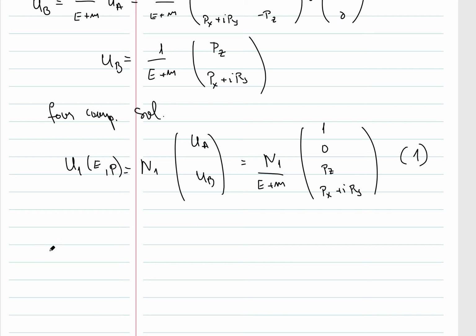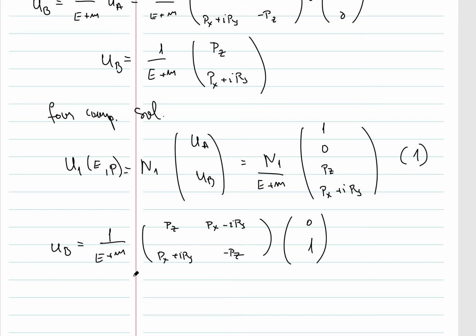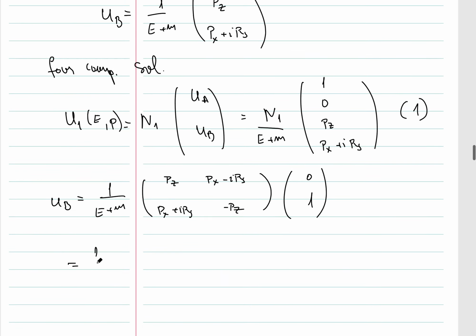The second solution would be to take UB as 1 over E plus M, times the matrix Pz, Px minus I Py, Px plus I Py, minus Pz, times (0, 1), where you find that it is Px minus I Py and minus Pz.